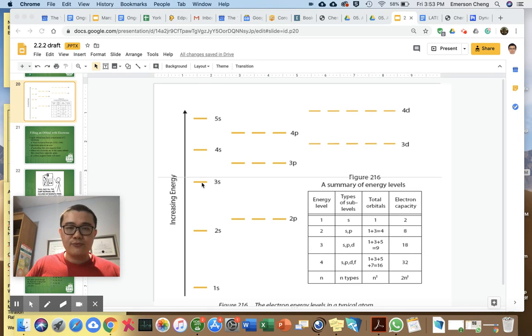Then you come to 3s, and then you have 3p. Now, instead of going to 3d, you notice that the 4s orbital is actually at a lower energy level than 3d. Then you have 4p, and then 5s, which has a lower energy level than 4d.